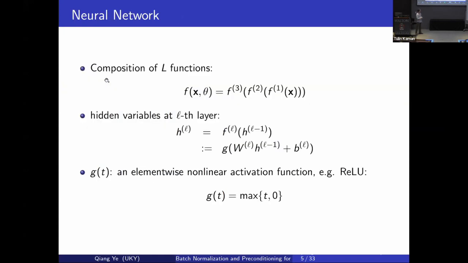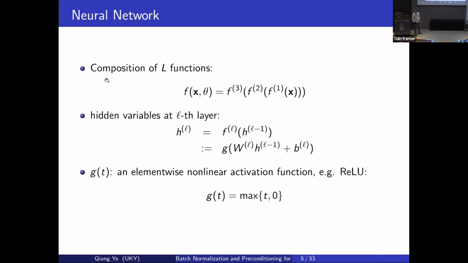All right, so first let's look at each of those in a little more detail. First, let's look at a basic neural network. A basic neural network is simply a composition of L simple functions. Let's say, in this example, a composition of 3 functions. Each of those is a simple linear function.